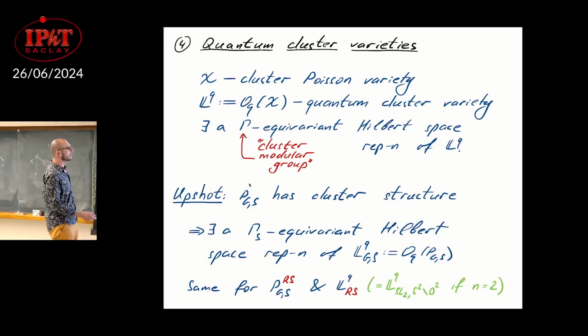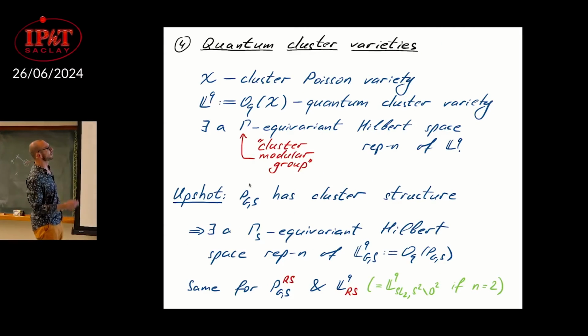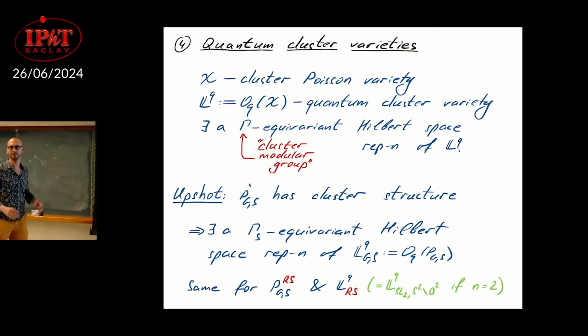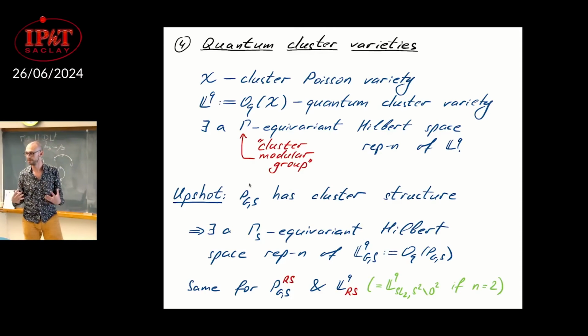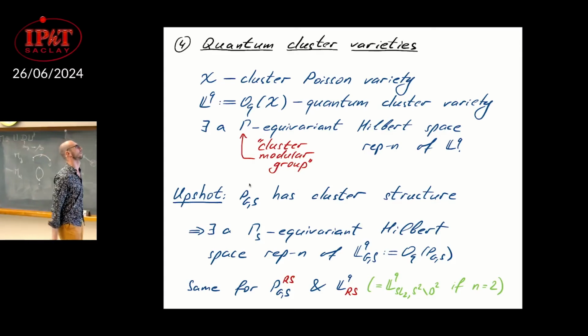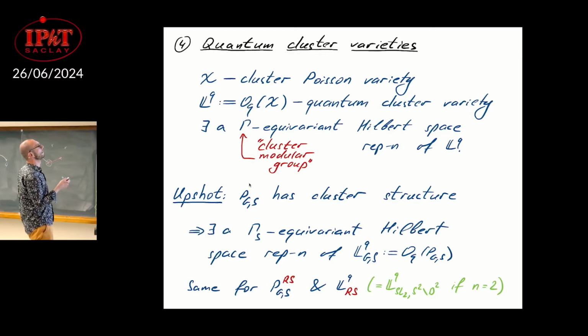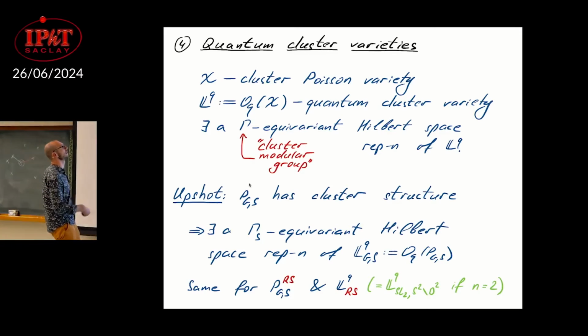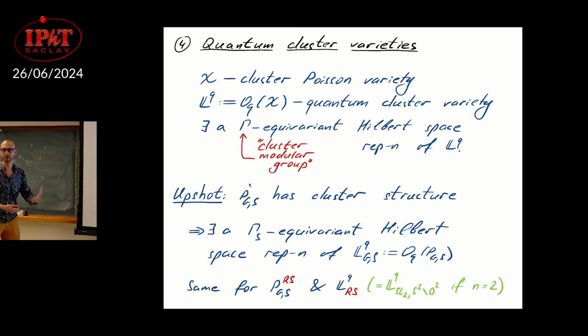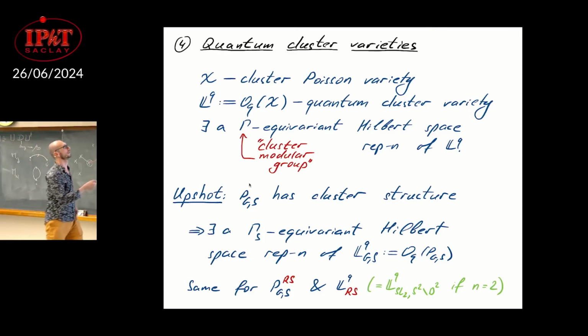And the next slide is about quantum cluster varieties. I'm not going to explain what they are, but I'm going to explain what tools they provide for us. So these cluster varieties, at least one version thereof, are actually Poisson varieties, and so there is some canonical way to quantize those. It's called quantum cluster varieties.